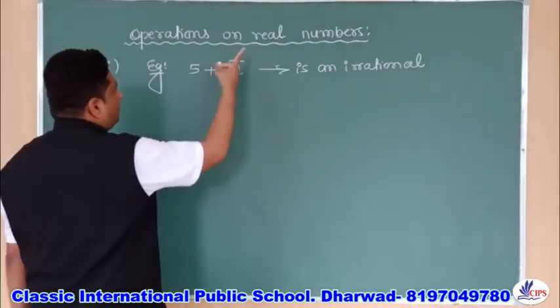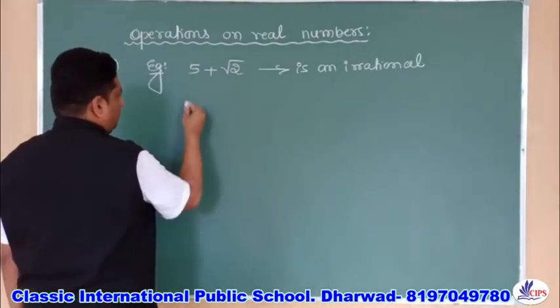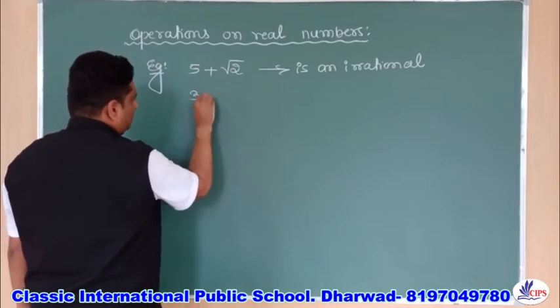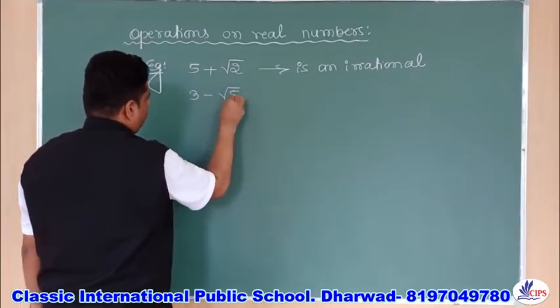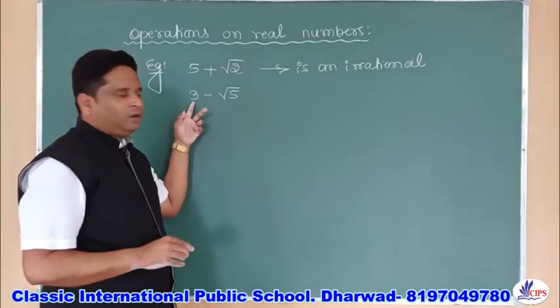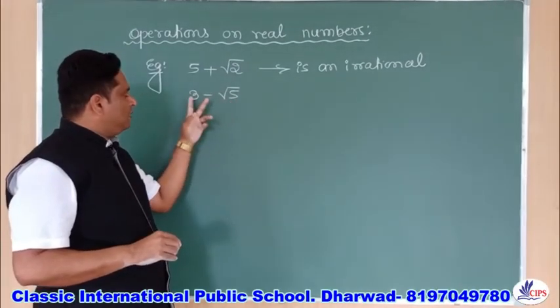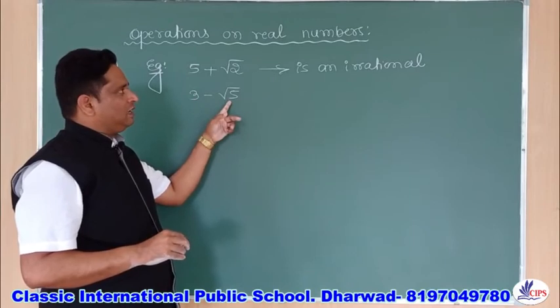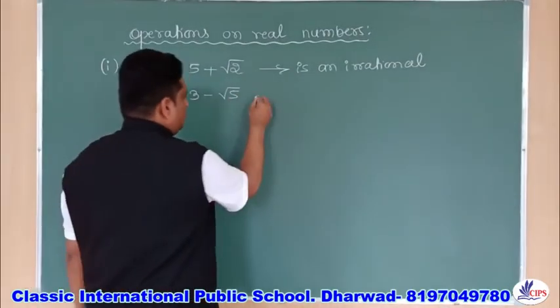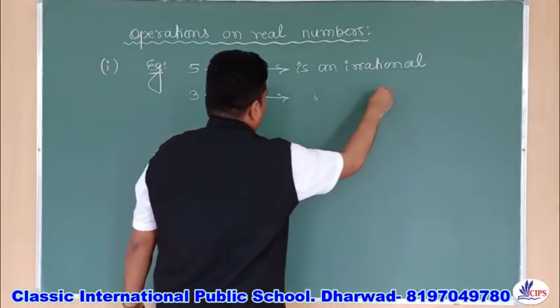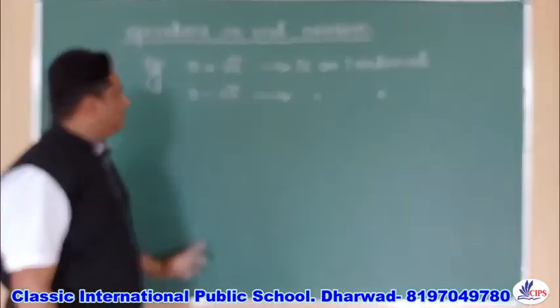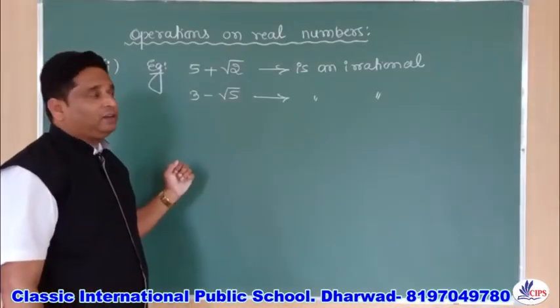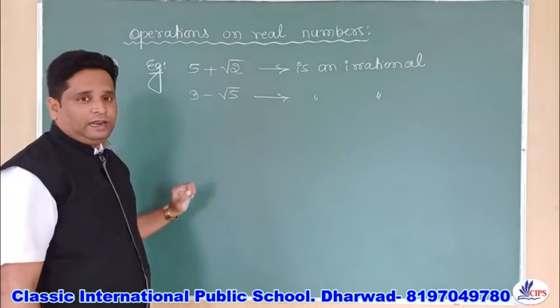This is a fact related to operations on real numbers. Say for example, 3 minus root 5. 3 is a rational number, root 5 is an irrational number. The difference of a rational and an irrational is again irrational. Please remember, this is one of the facts related to operations on real numbers.